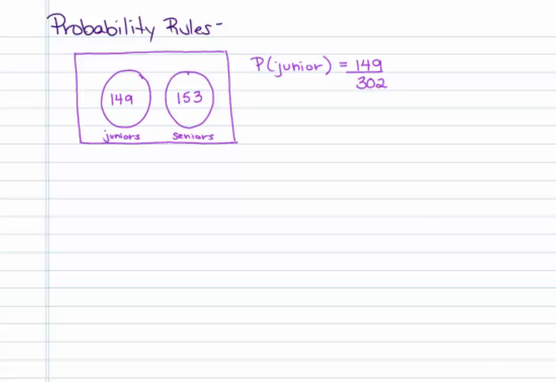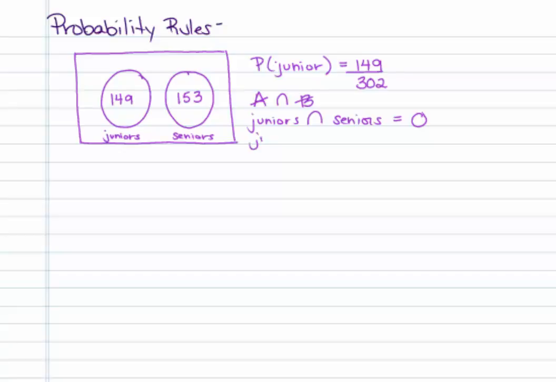To be able to do where they intersect, how about juniors intersecting with seniors? There's nowhere where they overlap.